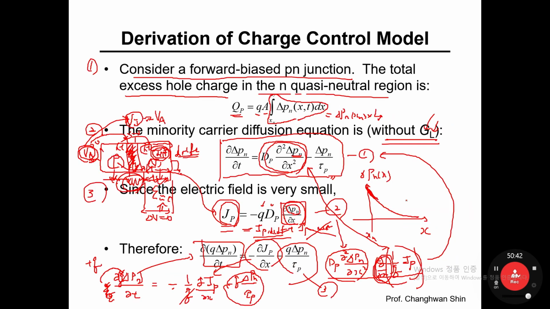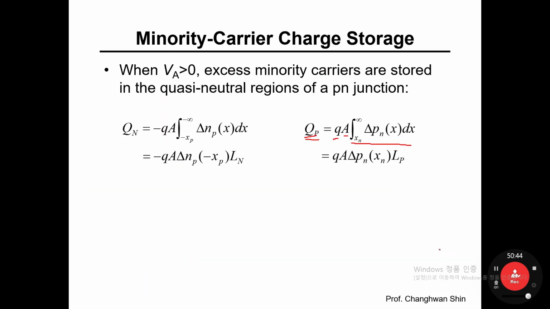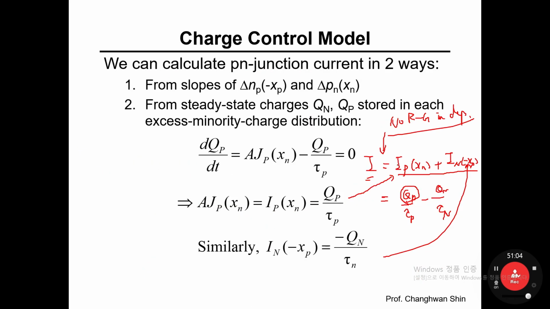Qp, what was Qp? Here, this guy: Q A, initial excess hole concentration times diffusion length. So remember it. Let's take it and plug it into here.